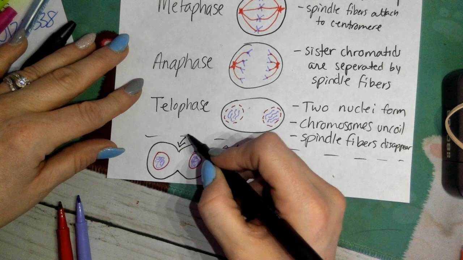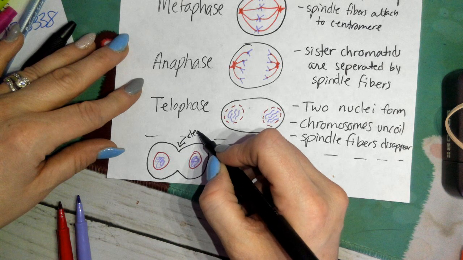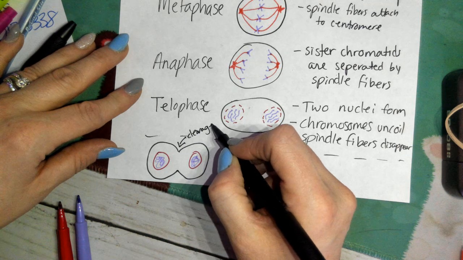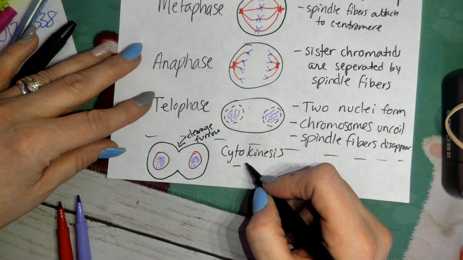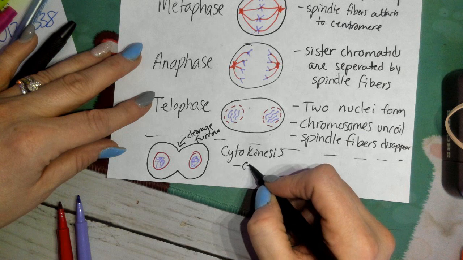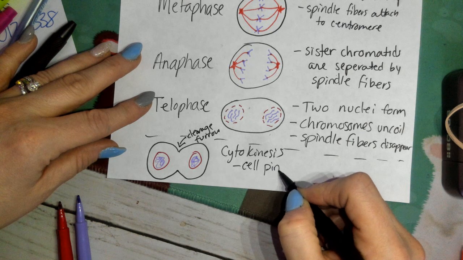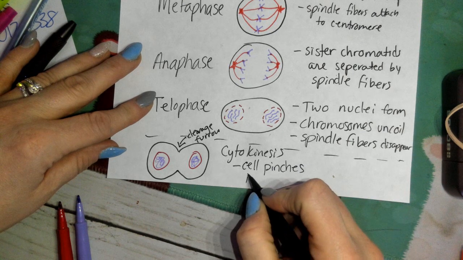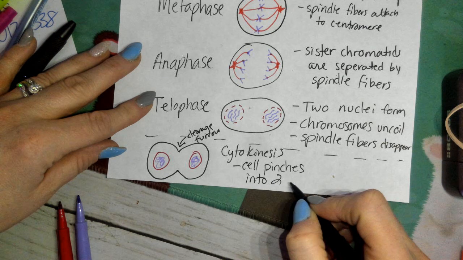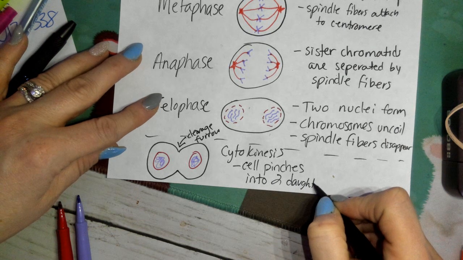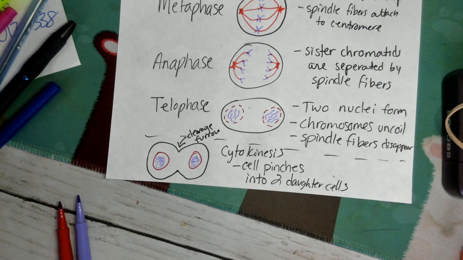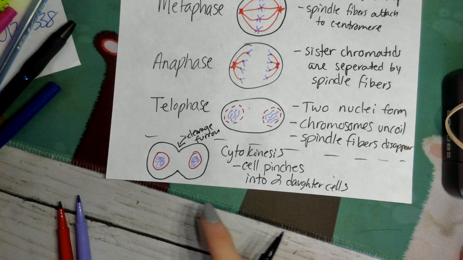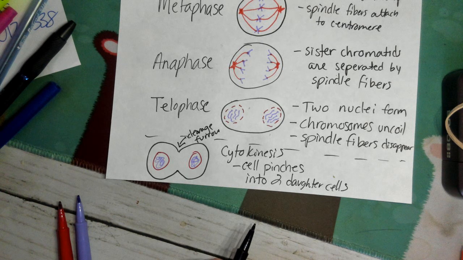And right here, that pinching is technically called cleavage furrow. So it pinches into 2 daughter cells. Okay. And now that cell process will be complete with 2 cells that are completely identical to that original cell.